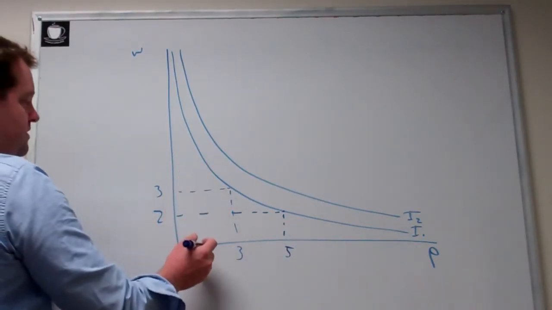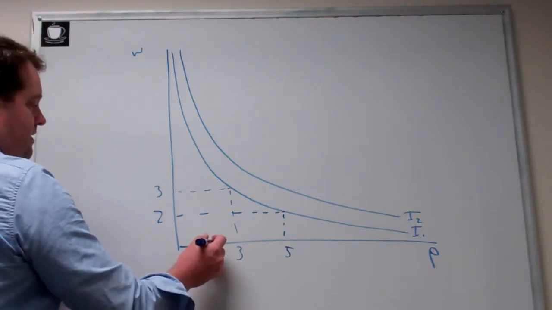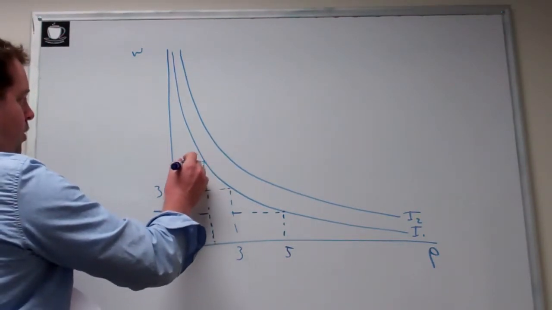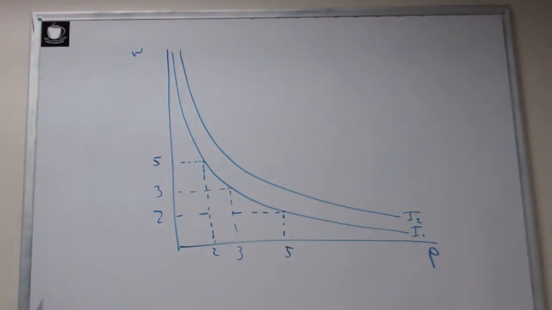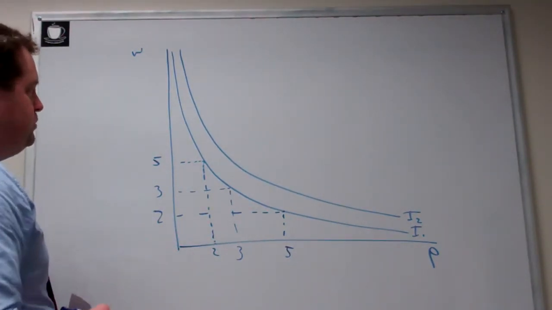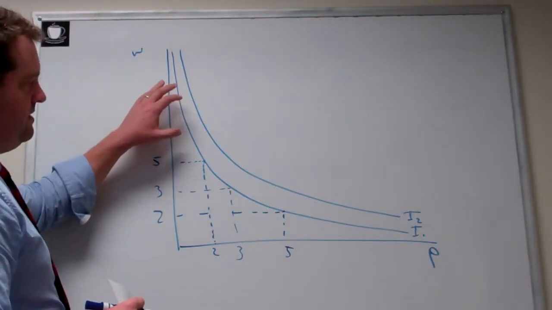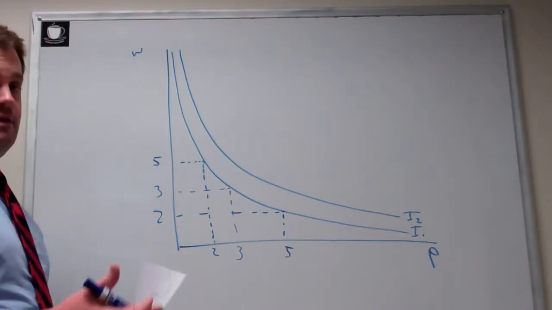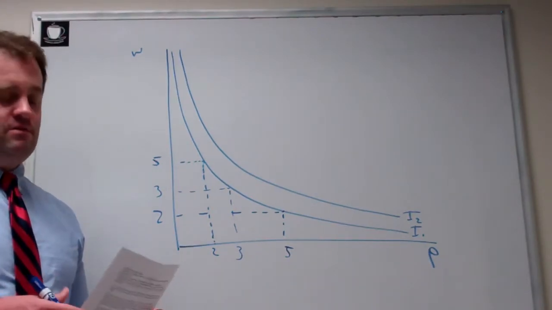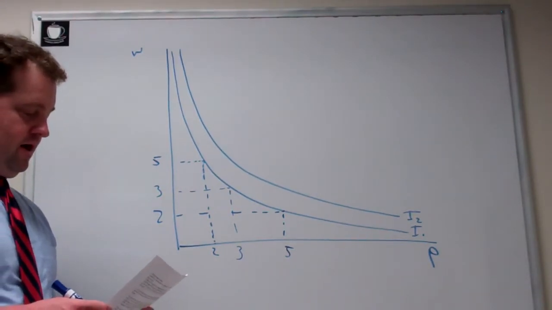The other thing we could do is say that they are going to have fewer pancakes and more waffles. Maybe they have 2 pancakes and 5 waffles. Whatever we choose, though, it's important to understand that those bundles all offer the same utility. The consumer is indifferent to all those bundles.